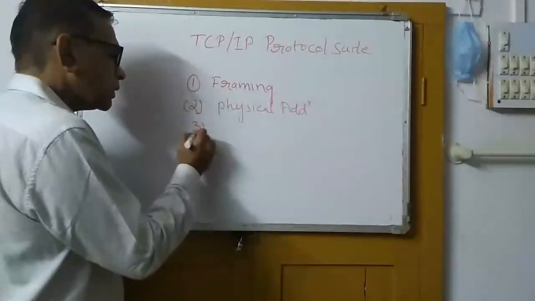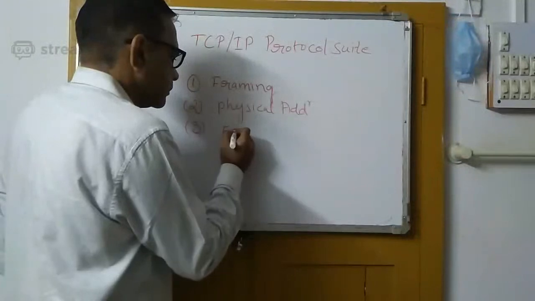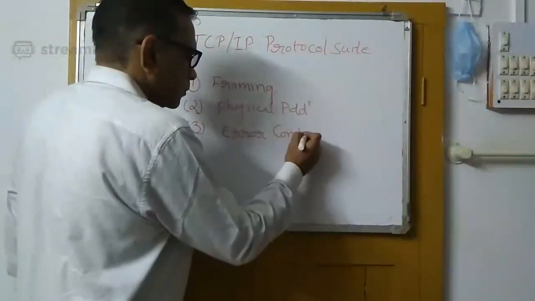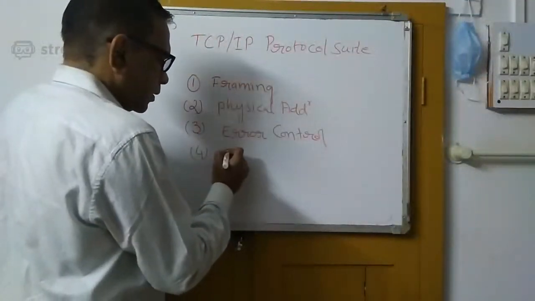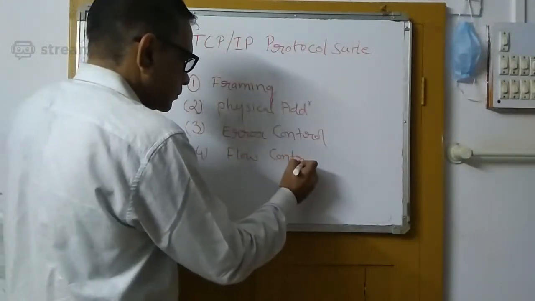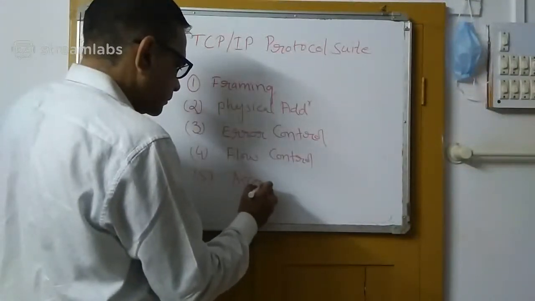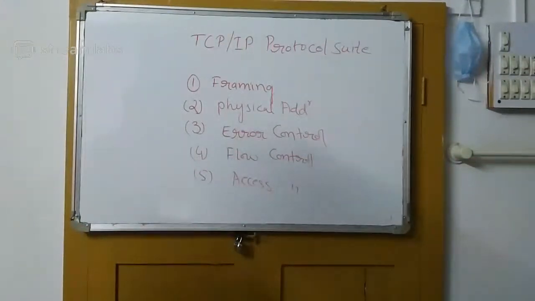The third is error control. The fourth is flow control. The fifth is access control. So these are the 5 tasks we discussed in the last class.